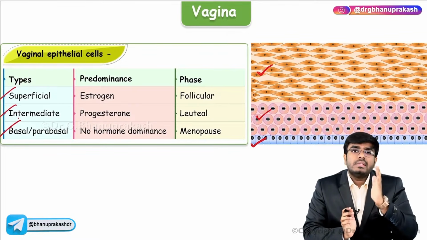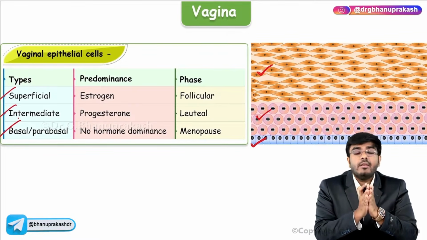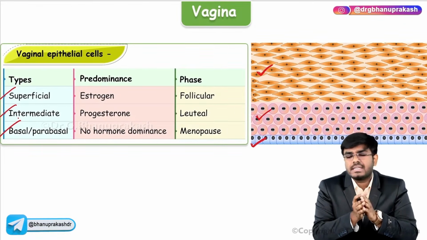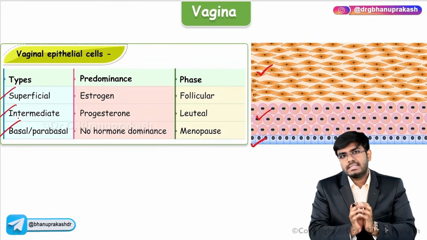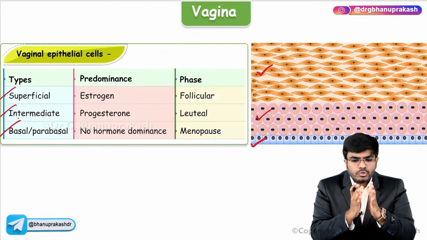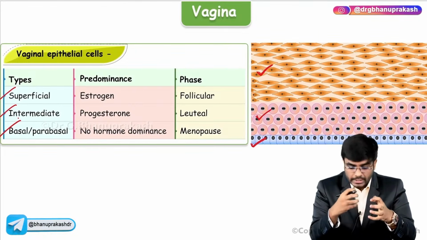Now, see, during certain stages, there will be more superficial cells, and during certain stages, there will be more intermediary cells, and during certain stages there will be more basal or parabasal cells. Now you should know during which stages which cells will be more dominant.